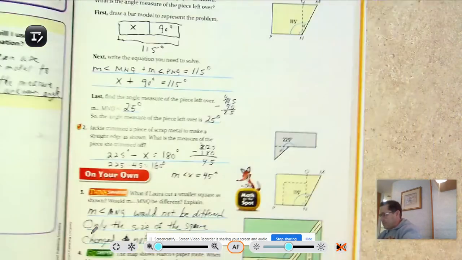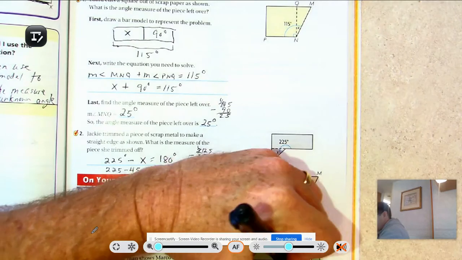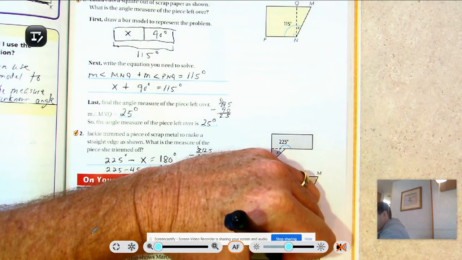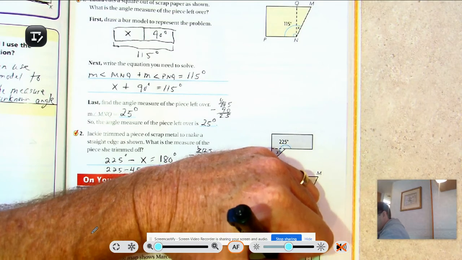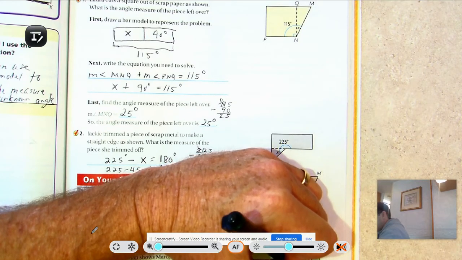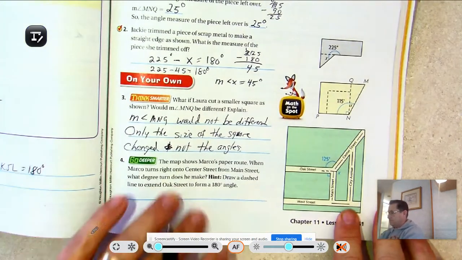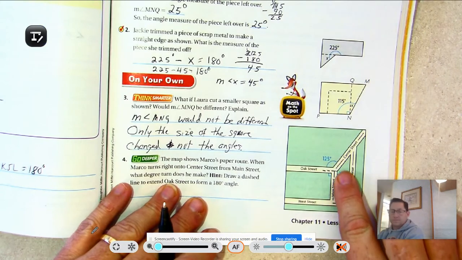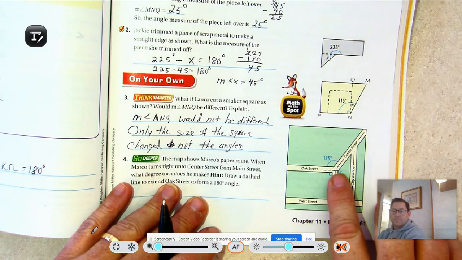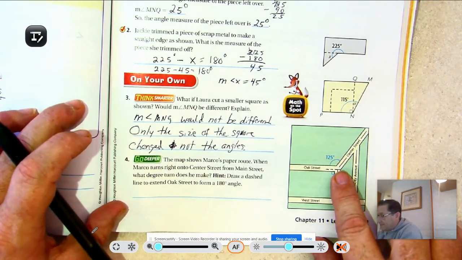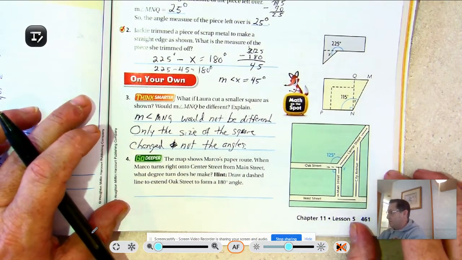And they're saying that if you extend Oak Street, to form a 180-degree angle.